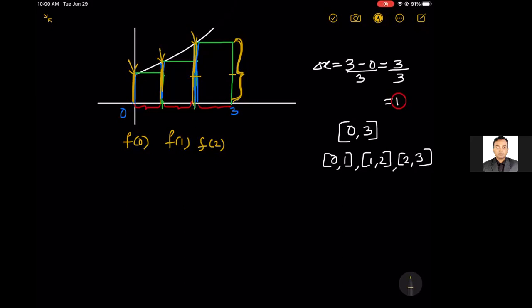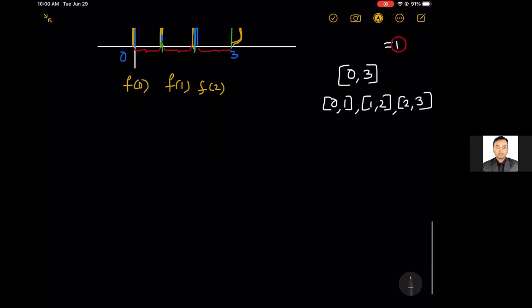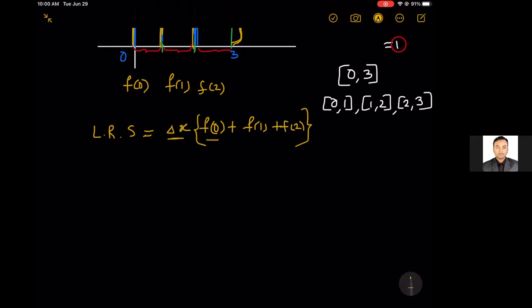If you agree, then if I say the left Riemann sum is going to be del x times f of 0 plus f of 1 plus f of 2, will you agree with me? Because this is the length times height, length times height, length times height.